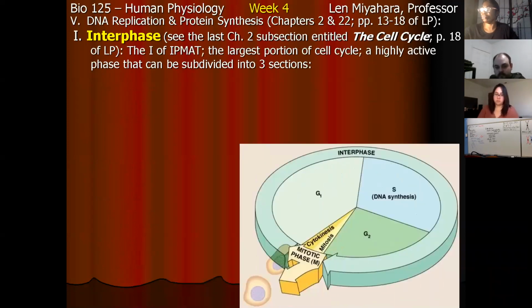So I keep it simple, IPMAT. And again, interphase is the vast majority of the slice of the pie. Like that last figure that was purple and brown, they made mitosis way bigger just because they wanted to fit in the letters. It is actually a much smaller slice of the pie, like this figure. Everybody got it?